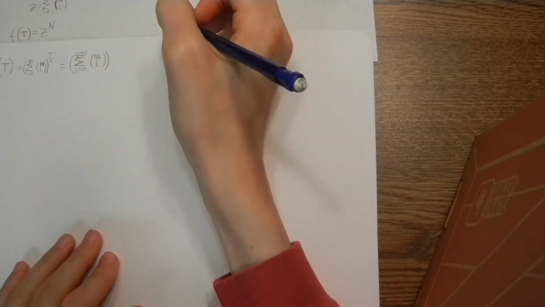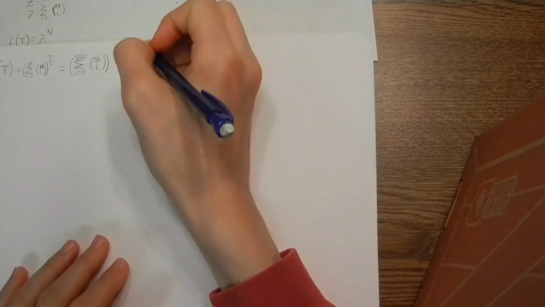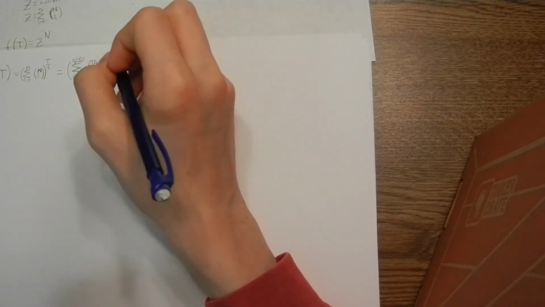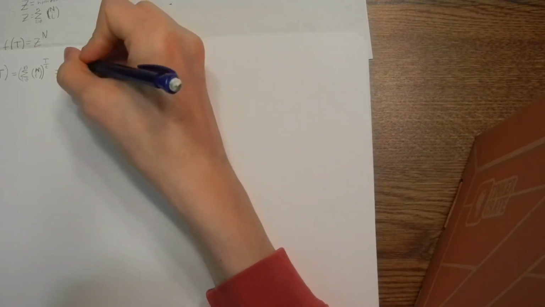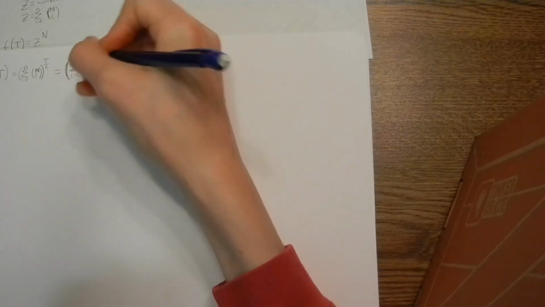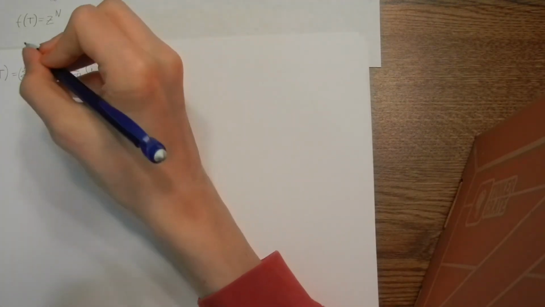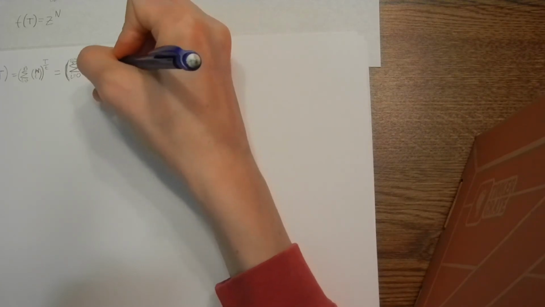Close the summation. Jeez, this is a bit insane. Next. Let's make this bracket bigger. There we go. Well, that's not it, because we still need to take it to the power of T on T.